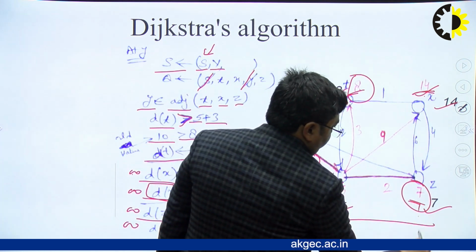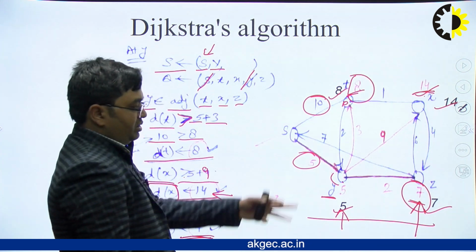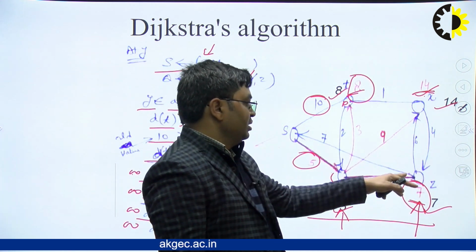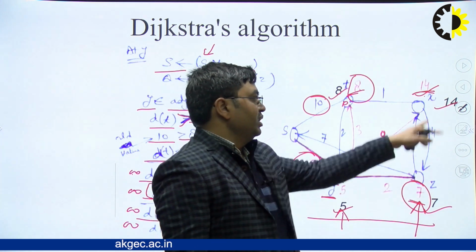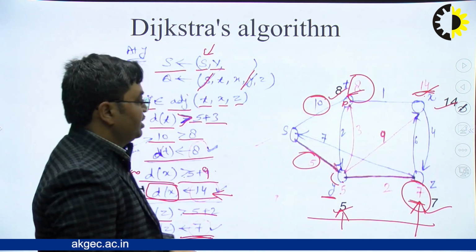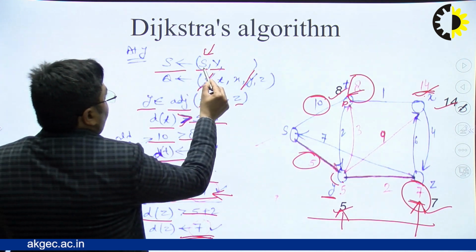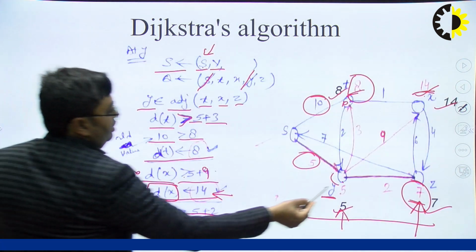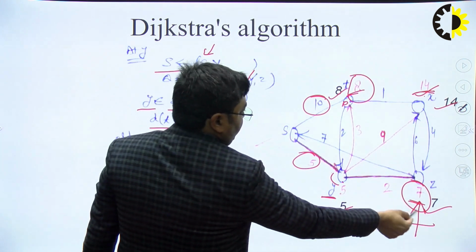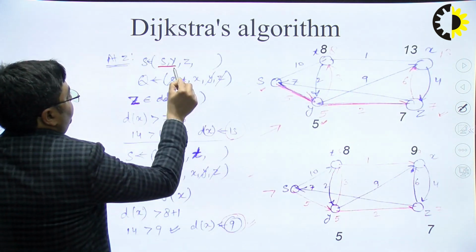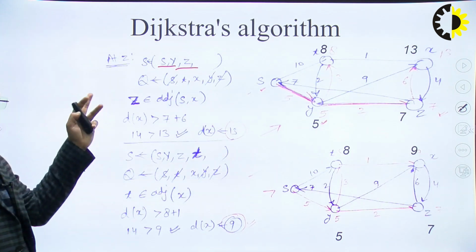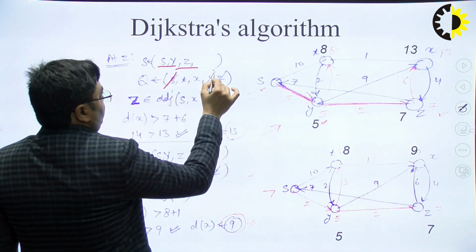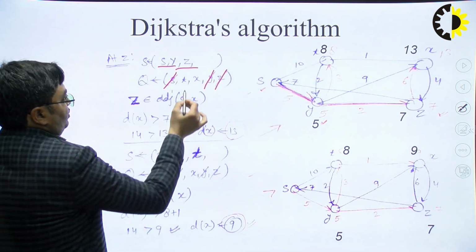Then we come to z. From the z node we have to explore other nodes, x and t if possible. We have chosen the smaller node z, which means z is also covered in the S set. So we have covered S, y and z, and the further two nodes are also to be covered.